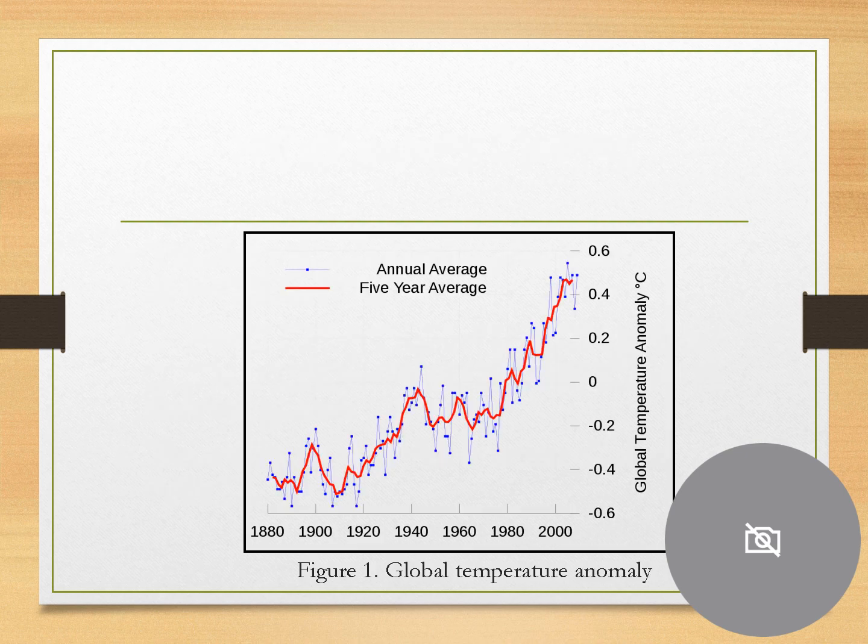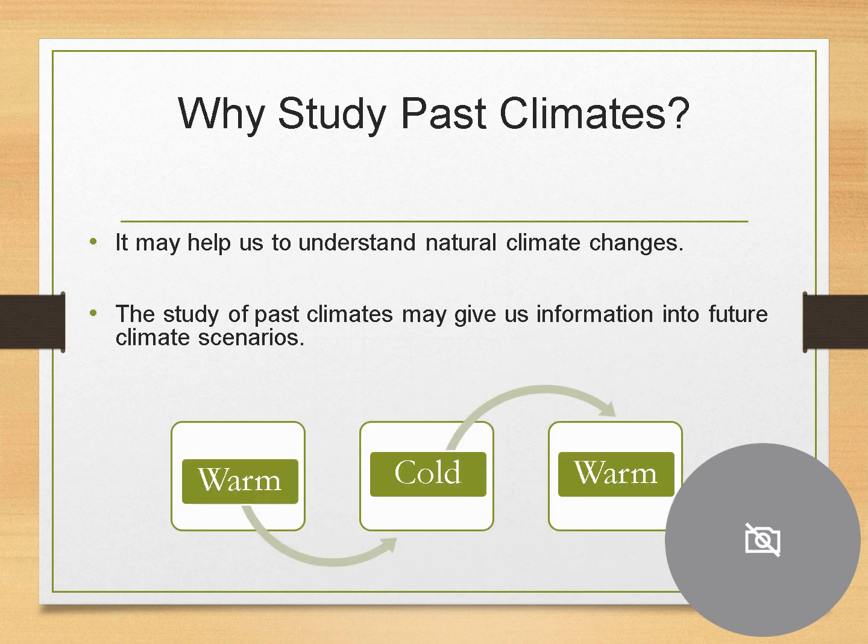Then proxies help scientists to extend the climate record longer than the instrument record, which is shown as temperature anomalies in the figure above. The instrument records only extend back to about 1880. Before that, scientists need to use proxies to determine what the climate was like during the past period.